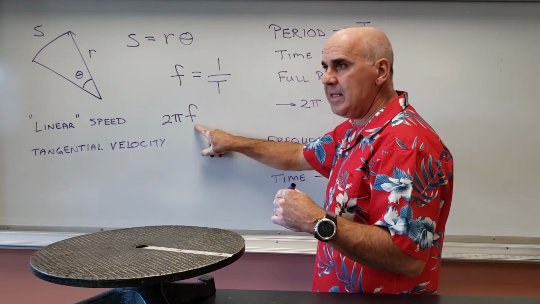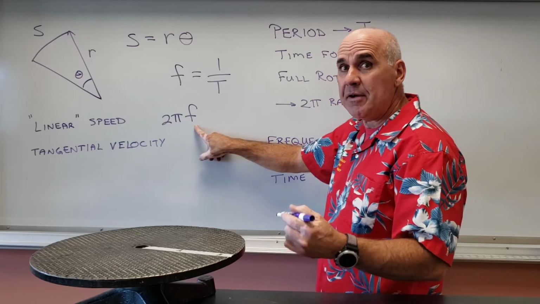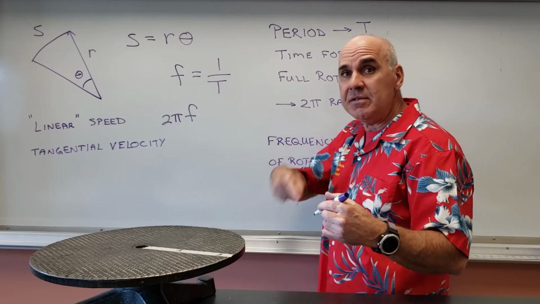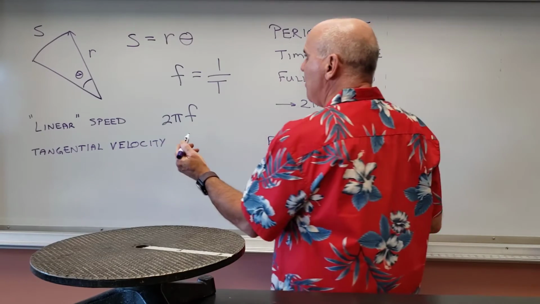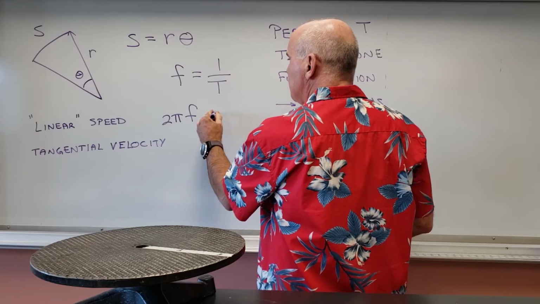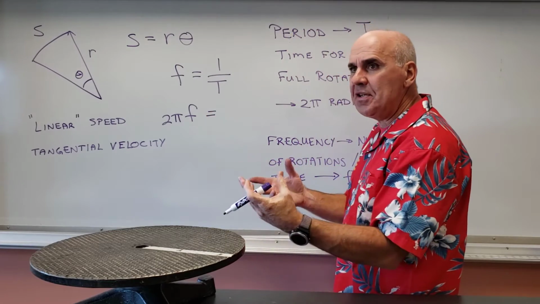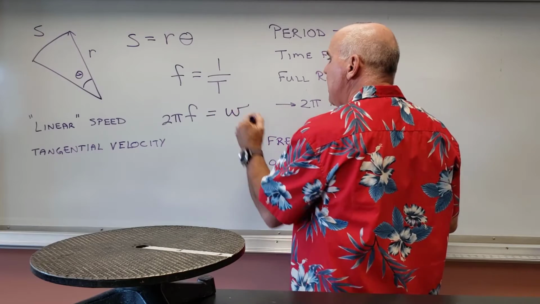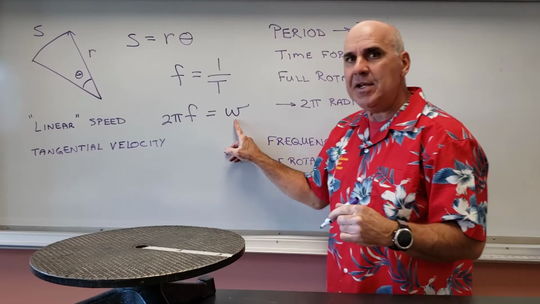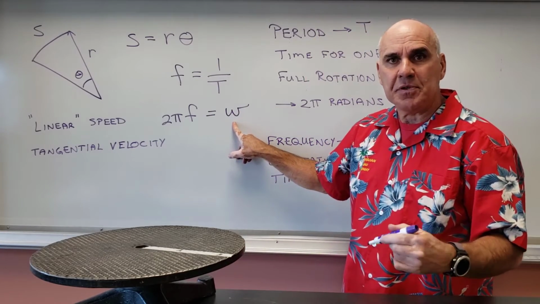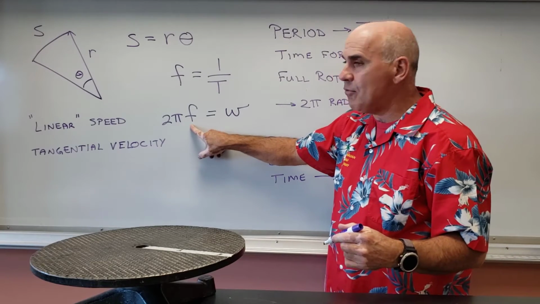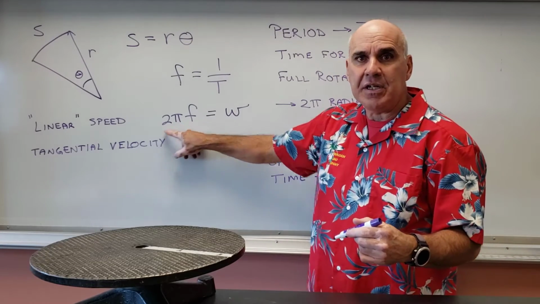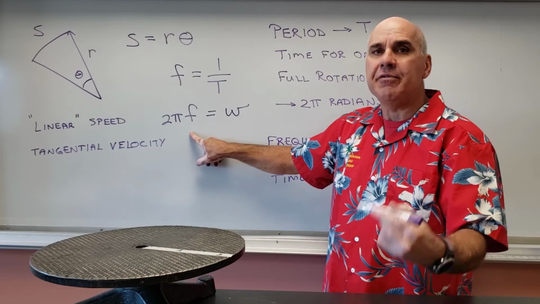There's going to be 2 pi times 5, 10 pi radians every second for the rotation. So this is equal to the angular velocity, the number of radians per second. So this is the same as omega. Omega is the angular velocity, the number of radians per second. If I have 5 rotations per second, then there are 10 pi radians every second.